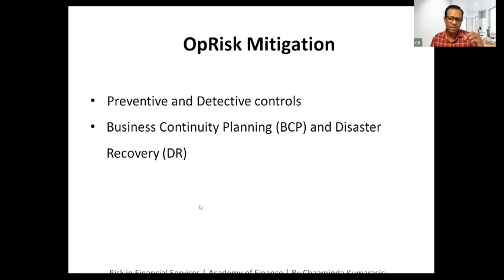I would like to understand what you feel or what you know about it, how you understand that concept. A mechanism to ensure an organization meets resilience in the event of an unforeseen event. Okay, thank you. Any other?